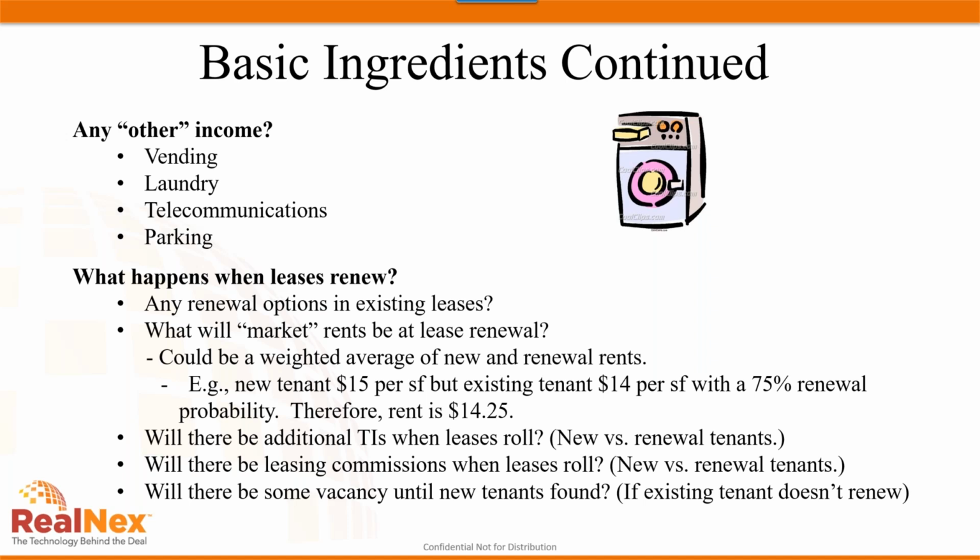But you also may think that the market is going to look a lot better, like the market right now. It's probably going to recover pretty strongly over the next couple of years, with above-average growth in market rents until things settle down again. So we might want to project a higher rate for a couple of years, and then have things level off. So there may be what we call rent spikes for a couple of years.